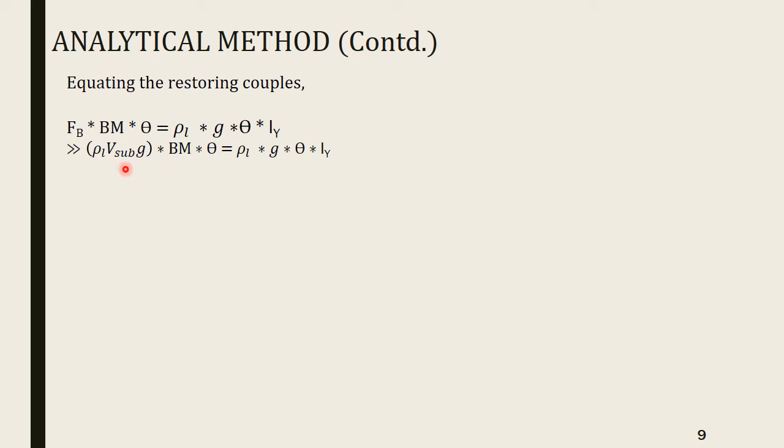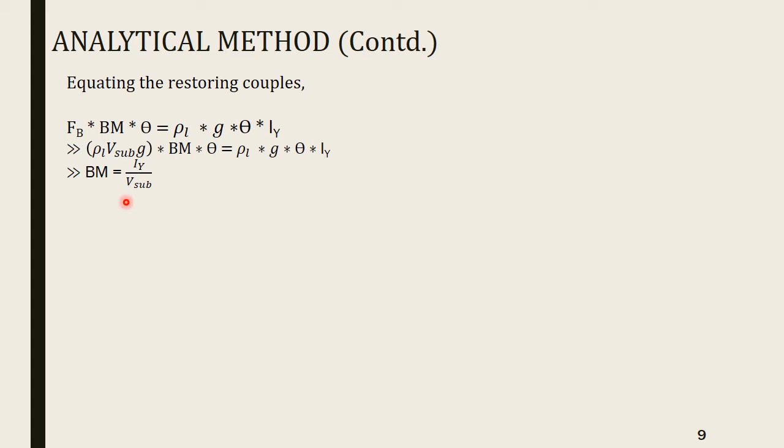So buoyant force into BM into theta is equal to rho liquid into G into theta into Iy. Common terms rho L, G and theta can be cancelled out on both sides, and so we end up getting BM is equal to Iy by volume of the submerged portion. This is the distance between center of buoyancy and metacenter.